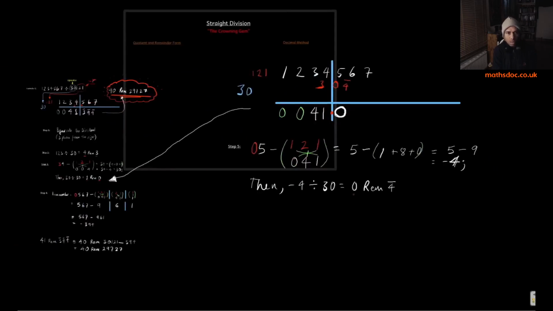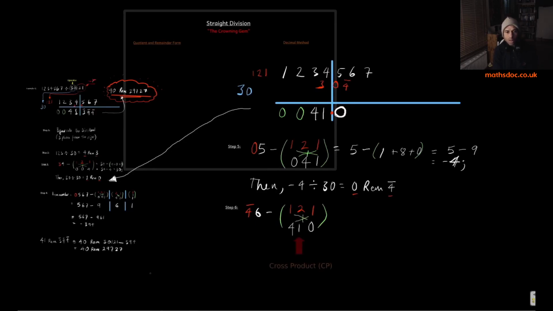Okay, so step 6 is minus 4 bar 4 6, take away, in parentheses, the flag digits 1, 2, 1 and the latest 3 quotient digits, which are 0, 1, 4.